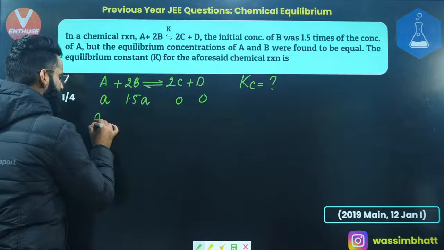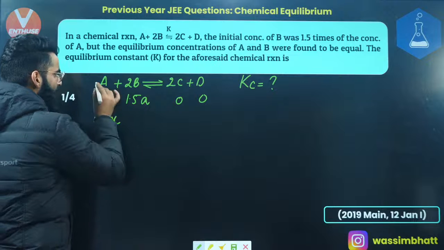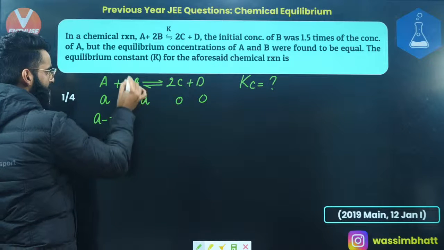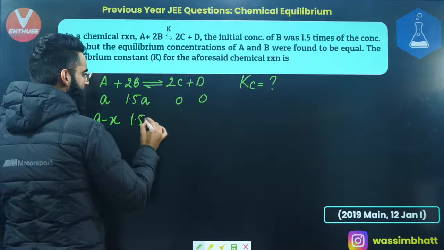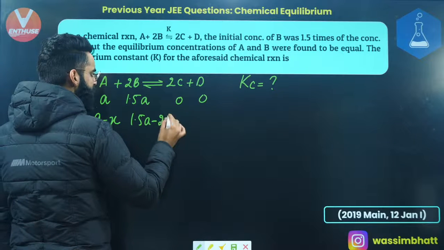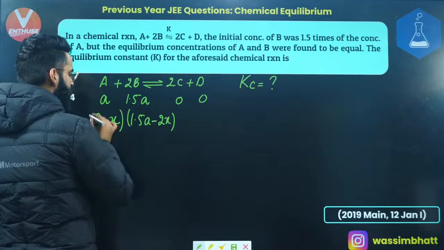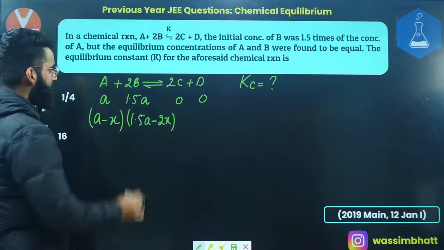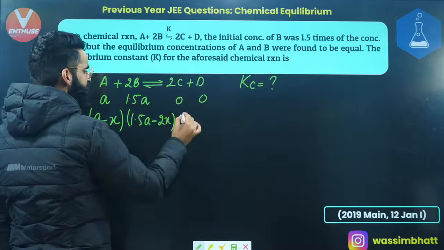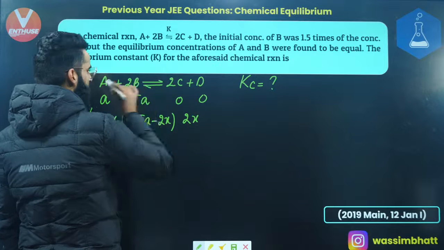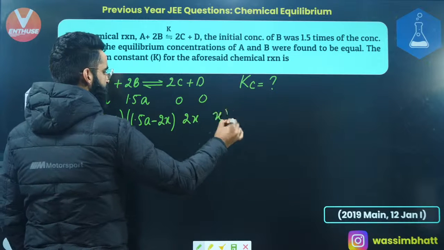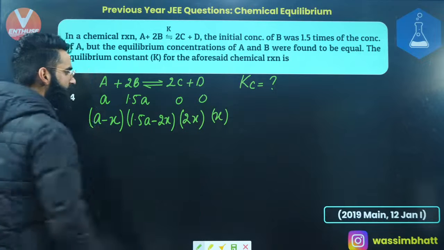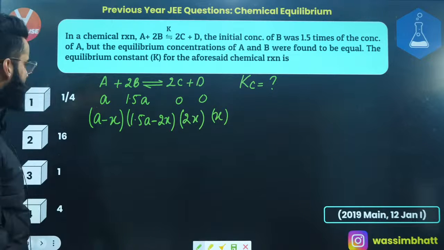So A becomes a minus x. 1 mole reacts with 2 moles, so x moles are going to react with 2x moles, so B is 1.5a minus 2x. These are the concentrations of reactants left at equilibrium. 1 mole gives 2 moles, so x moles give 2x moles of C. 1 mole gives 1 mole, so from x moles you get x moles of D. So you got the concentration of each reactant and product at equilibrium.